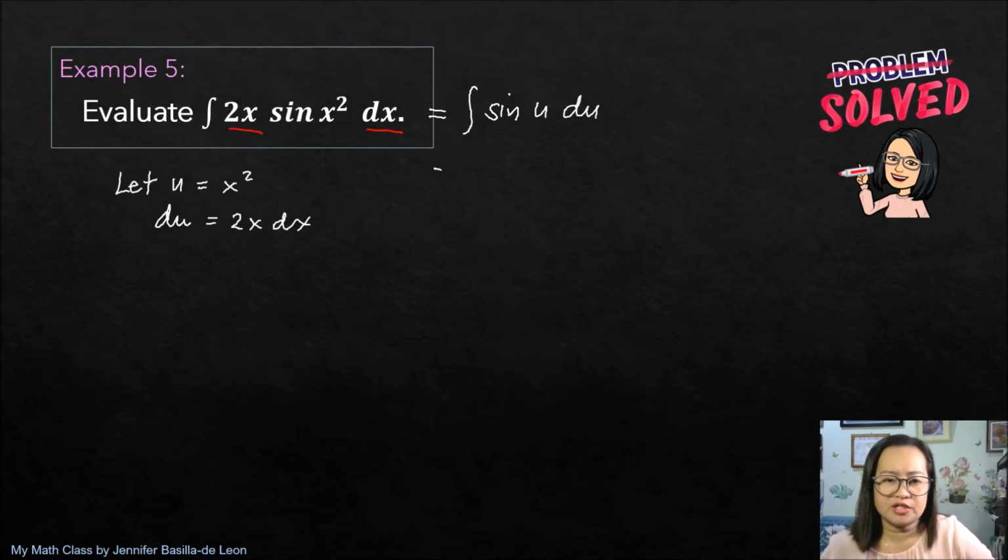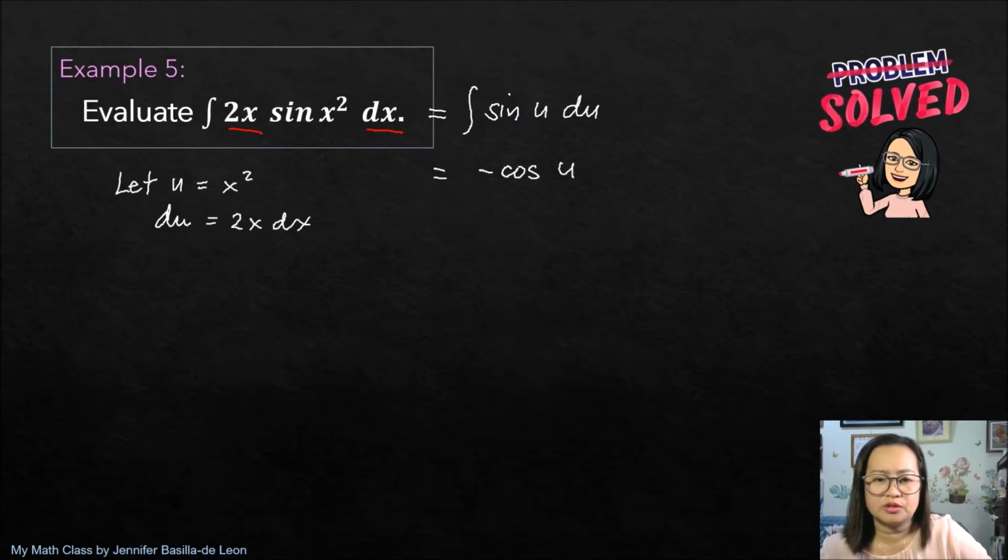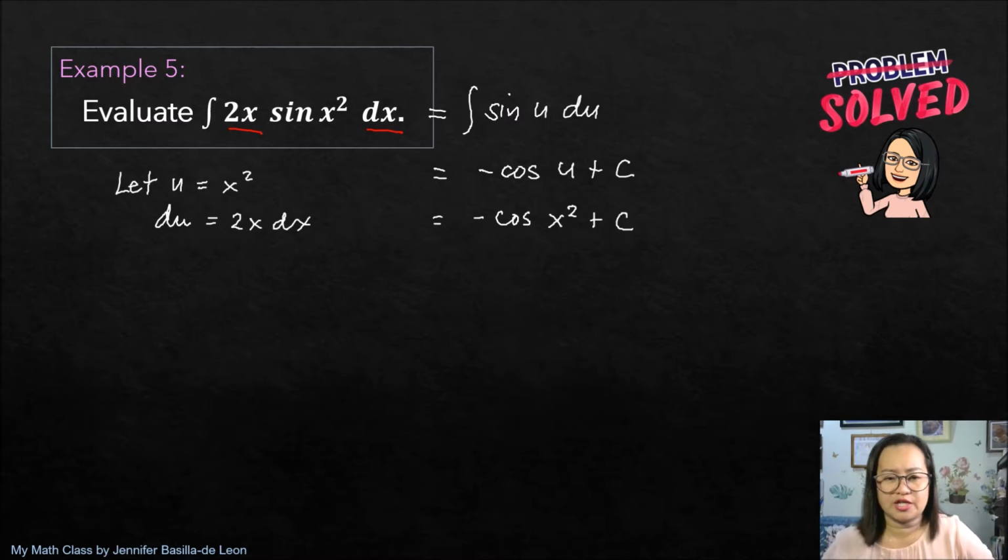Now, using the integration rules involving trigonometric functions, we will have negative cosine u plus c. Now replacing u with the original expression, we will have negative cosine x squared plus c.